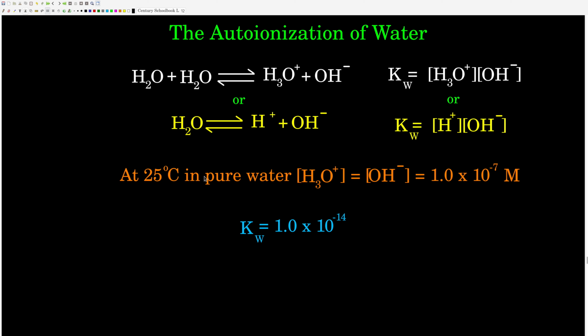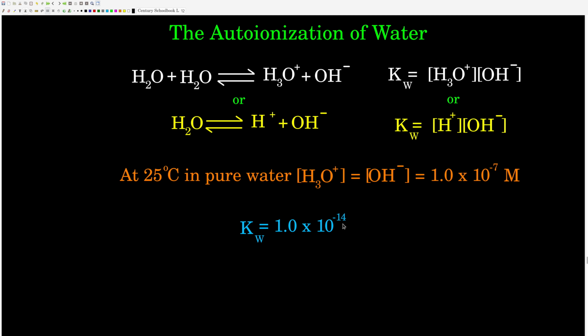So at 25 degrees Celsius in pure water, the concentration of hydronium ion or hydrogen ion and hydroxide are the same, 1.0 times 10 to the minus 7th molar. Remember that. Which means that if we plug this up here or here, we see that the value for Kw at 25 Celsius in pure water is 1.0 times 10 to the minus 14.